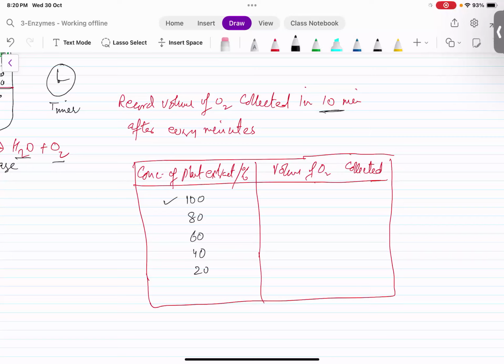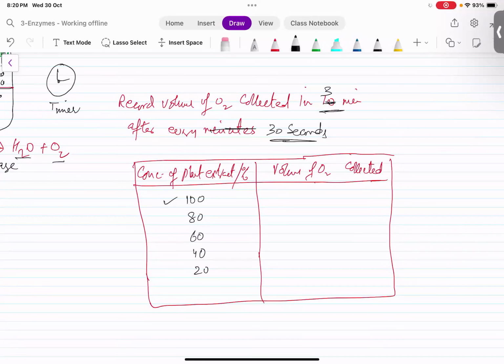That doesn't matter. So for 3 minutes, after every 30 seconds. It is difficult to record after every 30 seconds in a lab for a student, but as a theory, we can discuss that after 30 seconds, this volume has been collected.